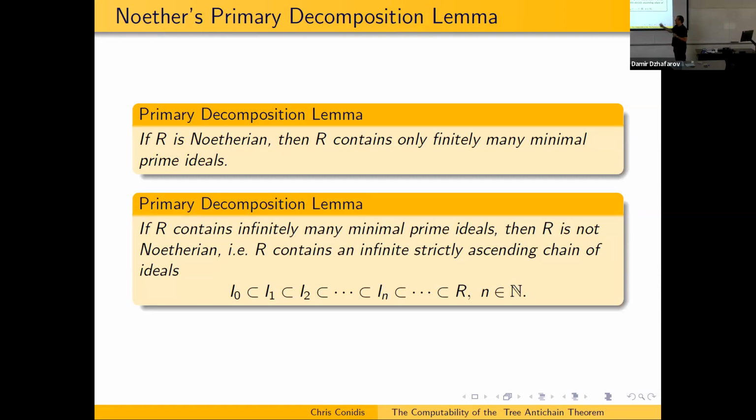In the computability context, it's often easier to consider the contrapositive, which says if you're in a ring that doesn't satisfy a certain property, then the ring cannot be Noetherian. So here, if your ring has infinitely many minimal prime ideals, then it's not Noetherian. This is what I'm going to call the primary decomposition lemma in the context of this talk.